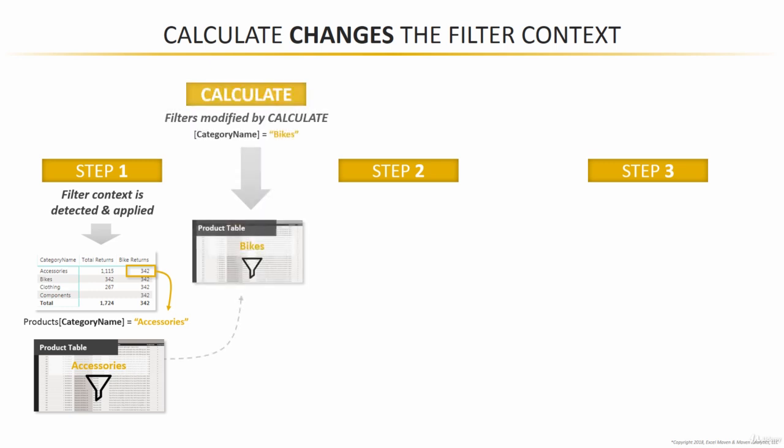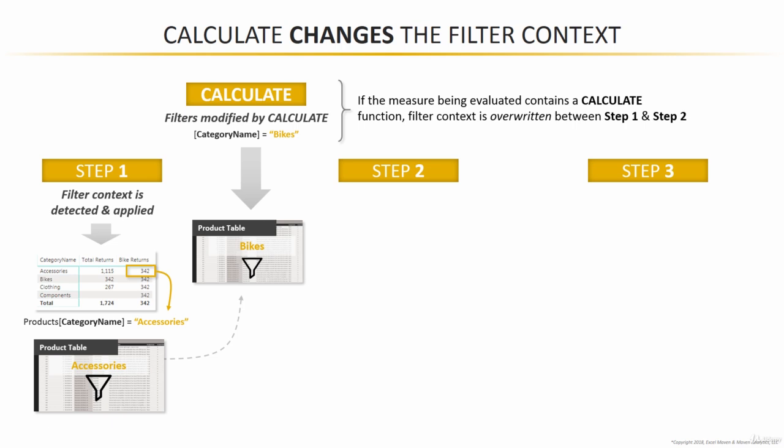Here's where things change. Before we move to step 2, where normally that filter context would pass down to any related data tables, there's an intermediate step, which is that the filters get modified by calculate. So anytime the measure being evaluated, in this case bike returns, contains a calculate function, that filter context gets overwritten right here between step 1 and step 2.